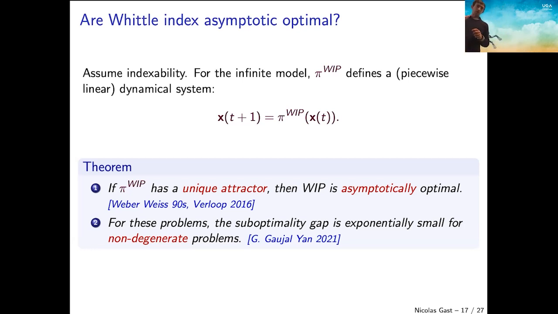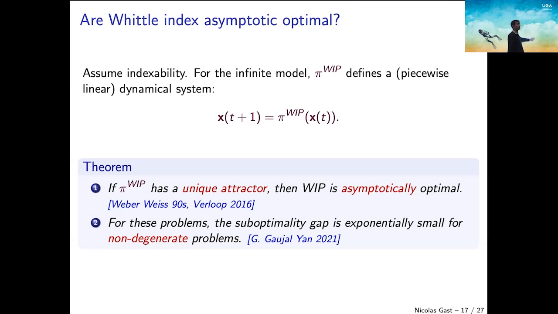And so what has been shown essentially in the 90s is that this thing has a unique fixed point, but this fixed point is not necessarily an attractor. Maybe there are some trajectories that jump around. But if this is an attractor, then it means that the Whittle index is asymptotically optimal.